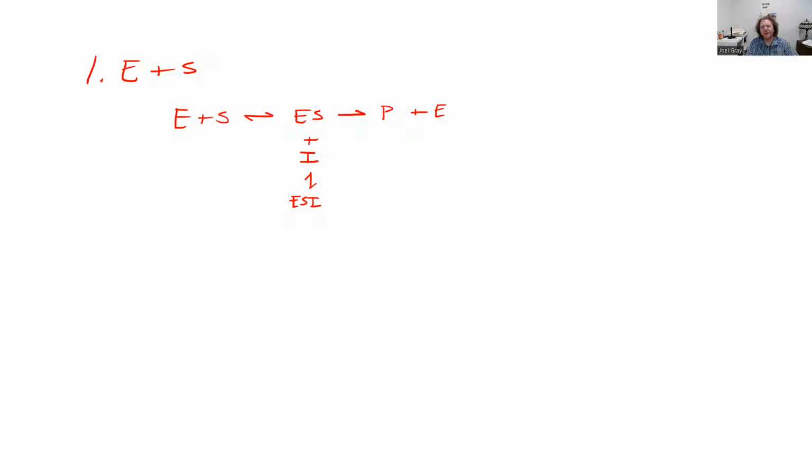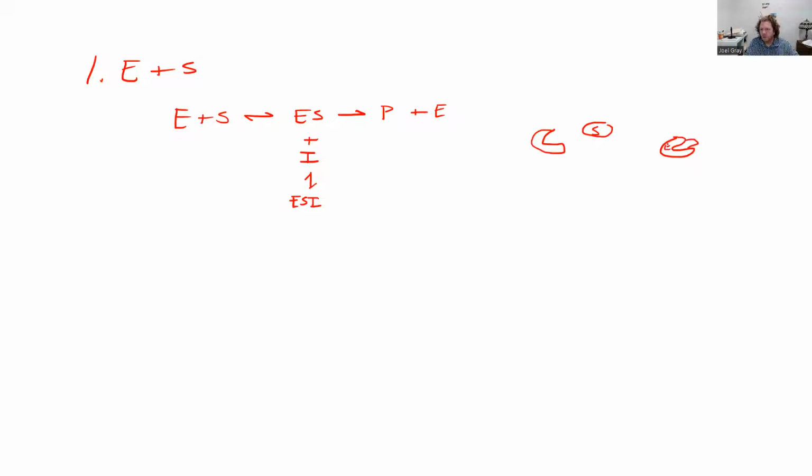One of the ways that I always like to visualize it is, let's imagine that we have our free enzyme right here, and our substrate represented by this molecule right here. Well, enzyme plus substrate is going to form something like this right here.